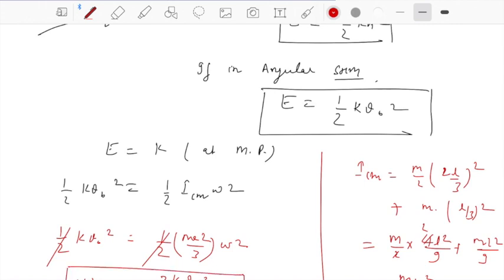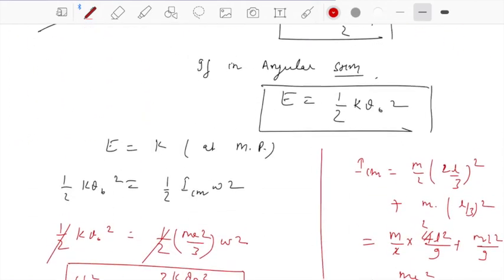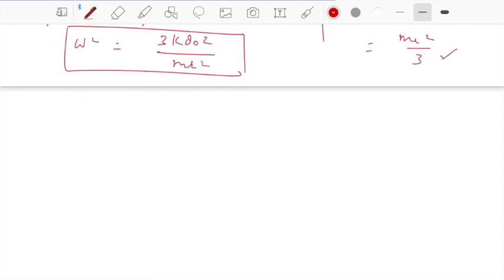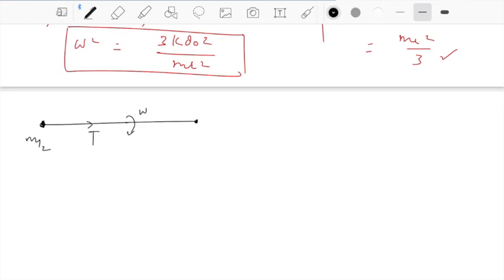Now the interesting point is that we got the value of omega square. Now we want to calculate the tension at that moment. That means when the rod is passing through this point, it is rotating with angular velocity omega. There is one particle, there is another particle. Let us assume that tension is T in the rod. So this is the m by 2 particle, rotating in a circular path. For circular motion there has to be a centripetal acceleration, correct? The radius is 2L by 3.